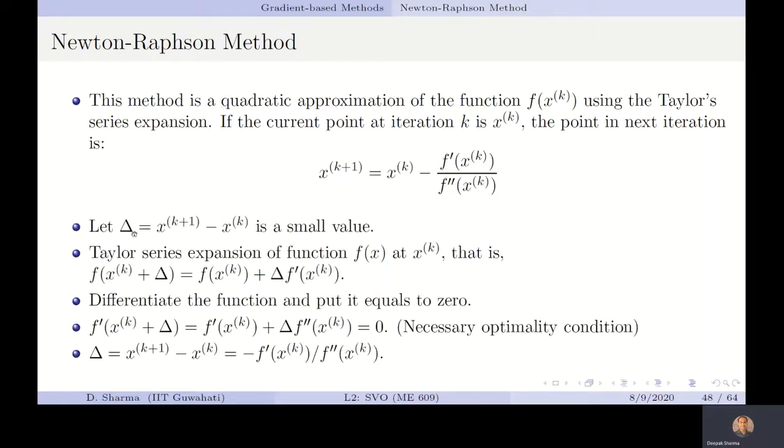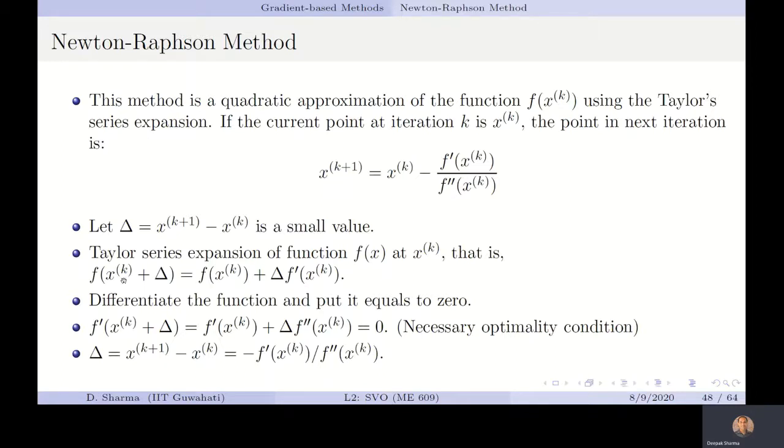We can assume that we have delta, which is nothing but the difference between the new point and the current point, and let us assume that it's a small value. Now we will use the Taylor series expansion of the function f(x), which is the objective function, at the current point xk.